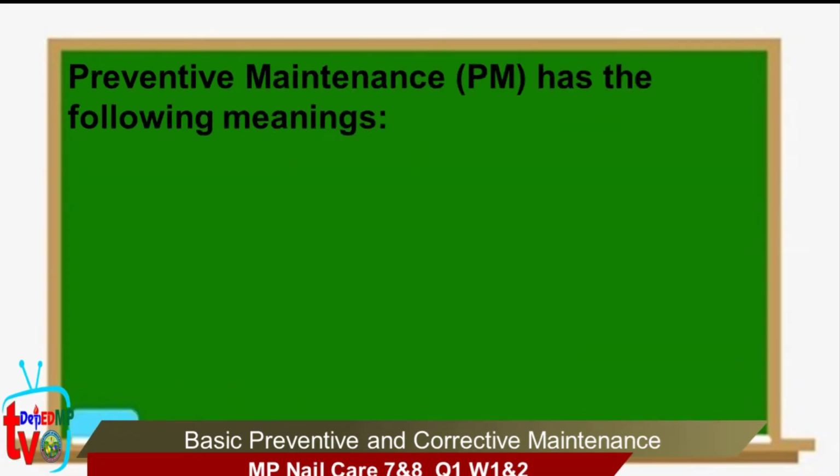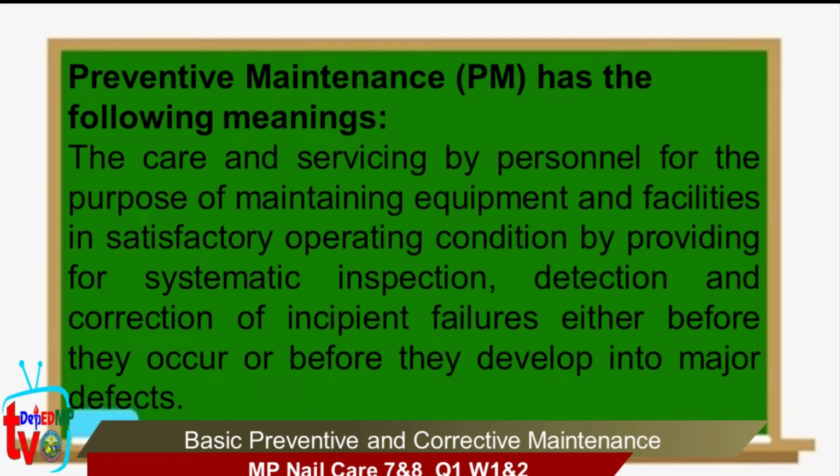Preventive maintenance has the following meanings: the care and servicing by personnel for the purpose of maintaining equipment and facilities in satisfactory operating condition by providing for systematic inspection, detection, and correction of incipient failures, either before they occur or before they develop into major defects.